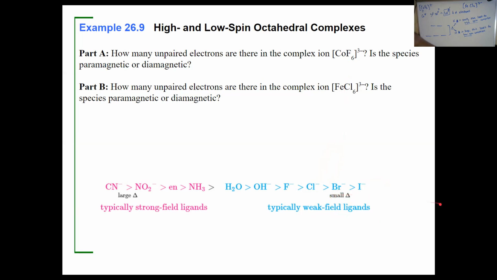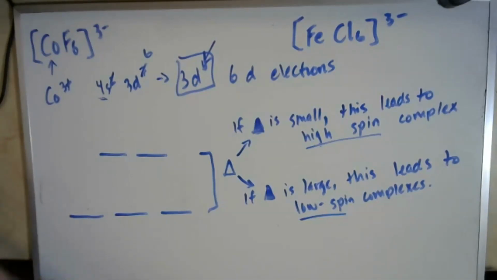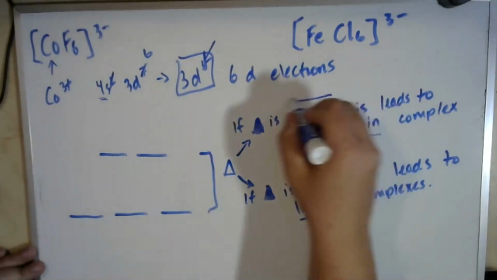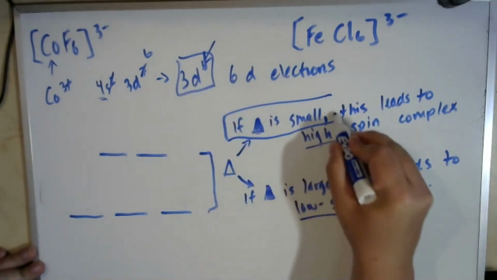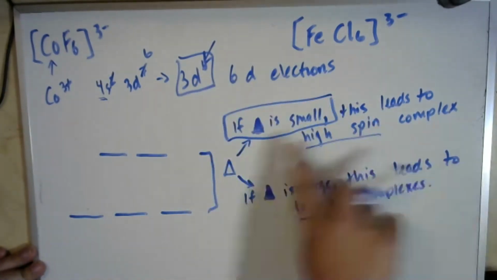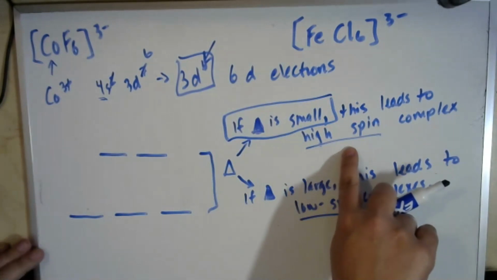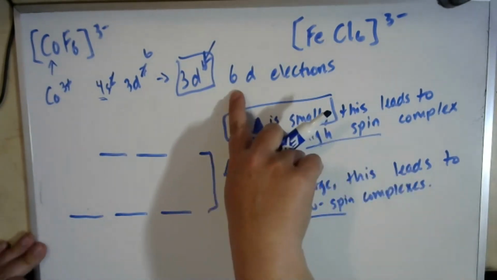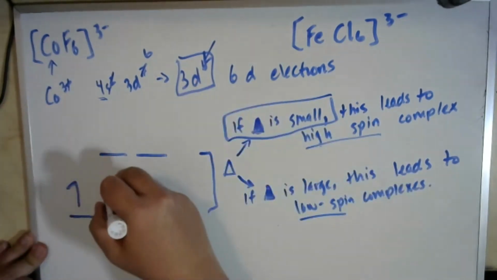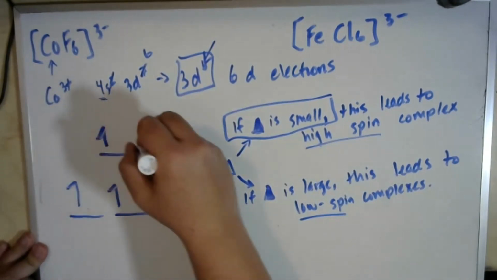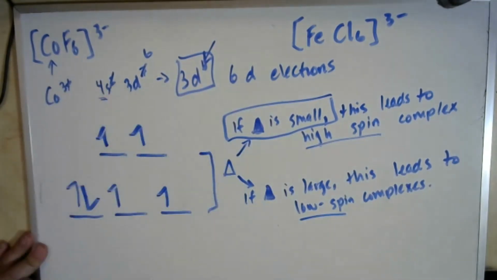All right, knowing that, we can now distribute our electrons according to this rule up here. If delta is small, we're going to have a high spin complex. So our 6 electrons are going to spread out as much as possible. 1, 2, 3, 4, 5, 6.